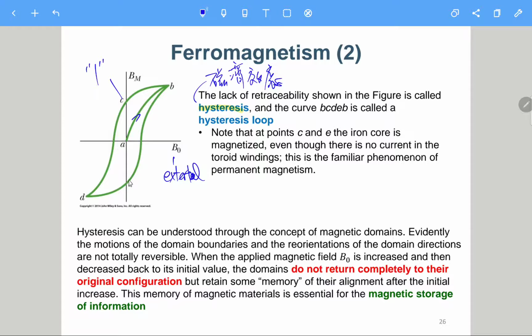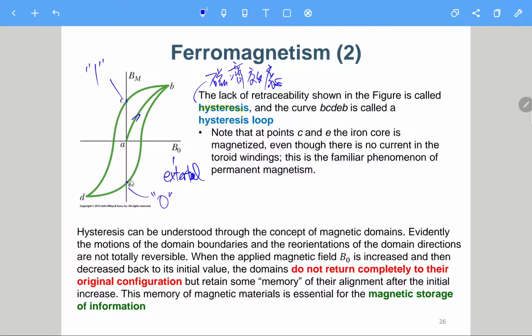At this point, we perfectly remove all the external magnetic field, but this ferromagnetic material will still generate the B field in the other direction. So maybe we can store a 0 for this situation. We can read the magnetic field of that area to see whether it points in one direction or the other, so it will stand for 1 or 0.